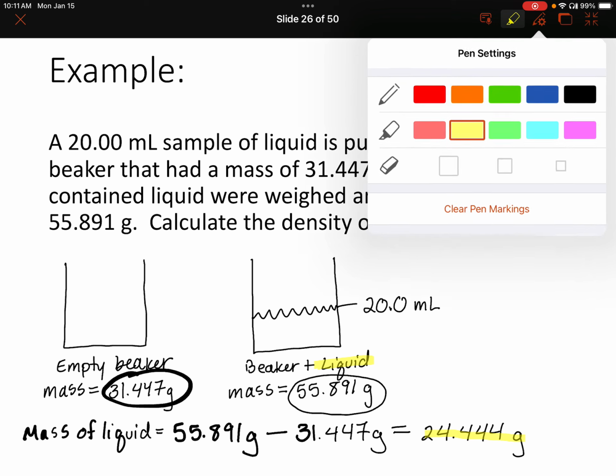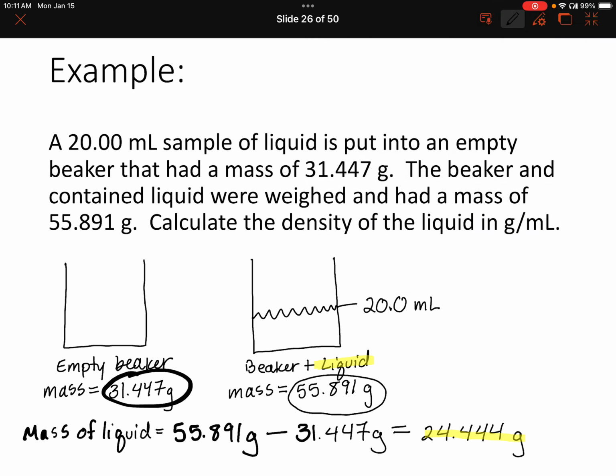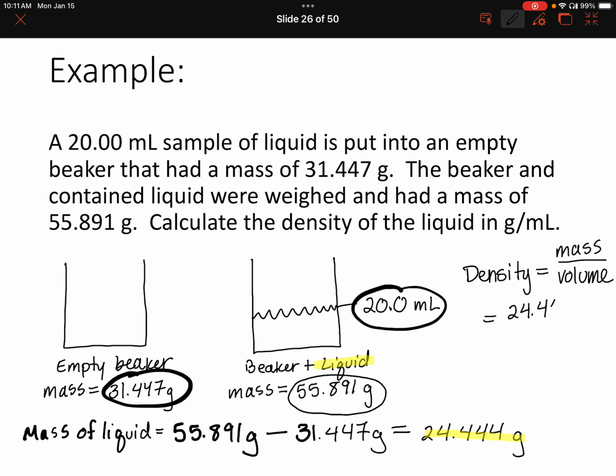And now to get the density, we're just going to divide that by the volume, which is 20 milliliters. Off to the side here, I'll write density is equal to mass over volume. So that will equal 24.444 grams over 20 milliliters.